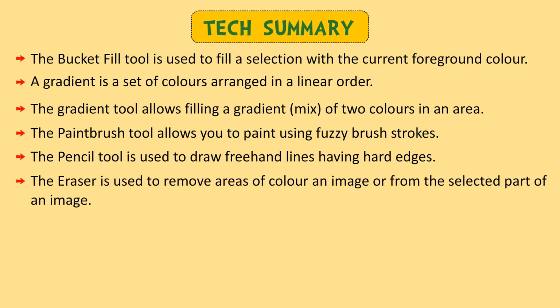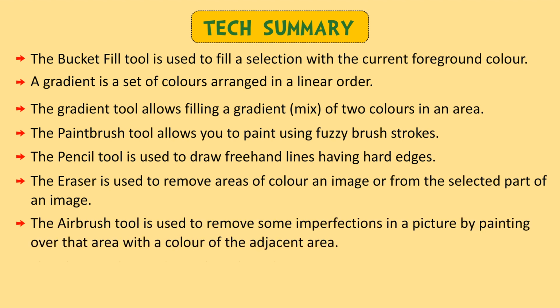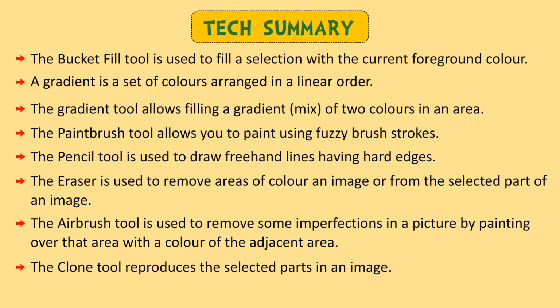The Eraser is used to remove areas of color from an image or from the selected part of an image. The Airbrush tool is used to remove some imperfections in a picture by painting over that area with a color of the adjacent area. The Clone tool reproduces the selected parts in an image.